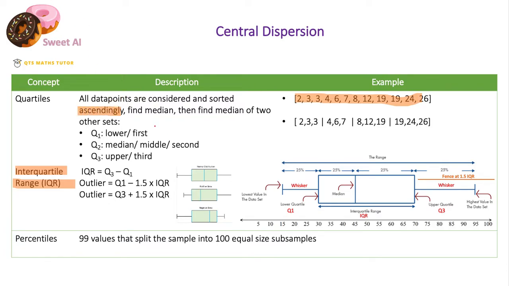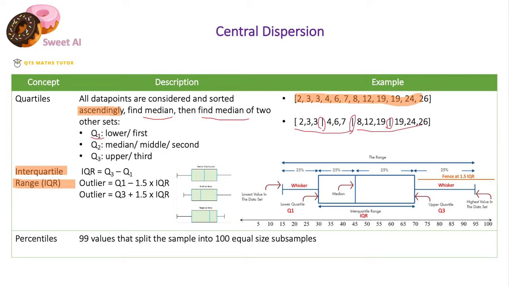Then we find the median, which is going to be here for this case. And then we find the median of these two sets, which is going to be this area. And this median is called Q2.